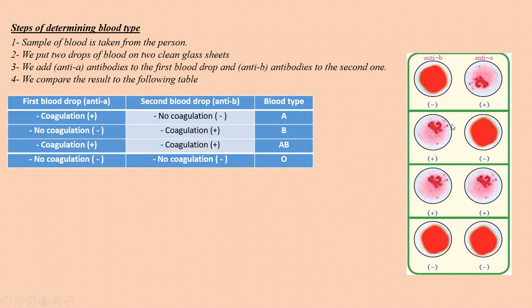Okay, let's see the other one. When we put anti-B in another type it coagulated, while when we put anti-A nothing happened, it gave negative results. Okay, so this definitely has antigen B, so this is blood group B. Okay, the other one, when we put both anti-B and anti-A, both of them caused coagulation, so this blood is AB, because it has both A and B. Both of them coagulated, so this blood group is AB.